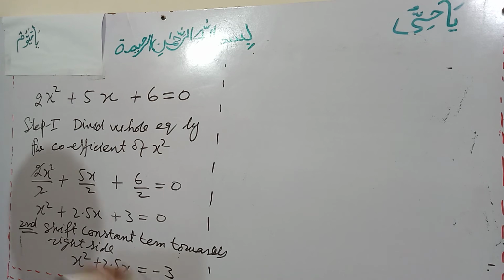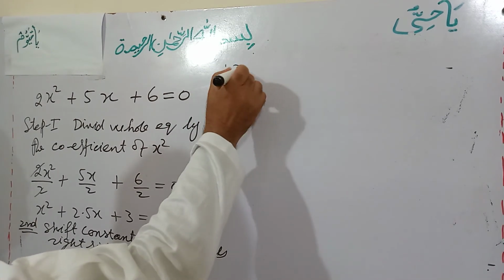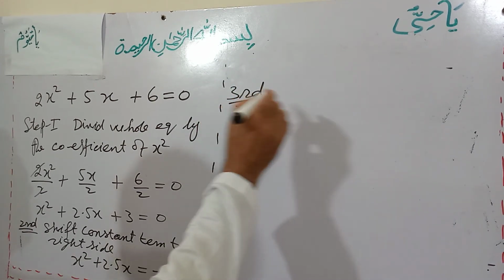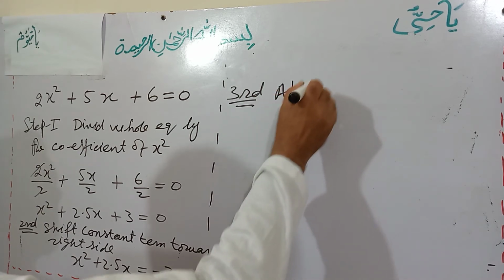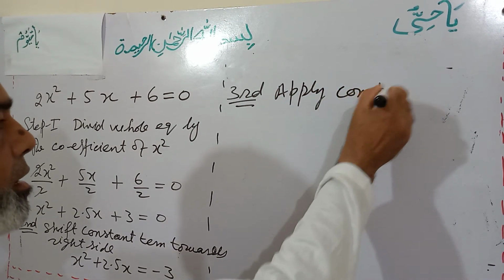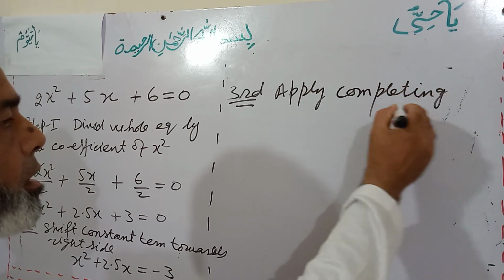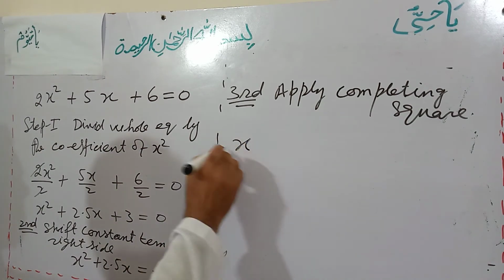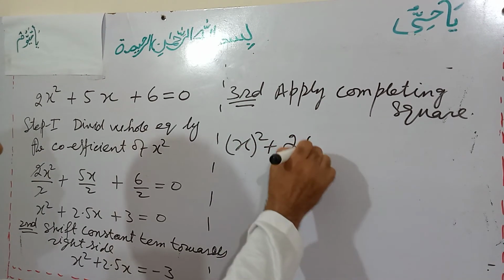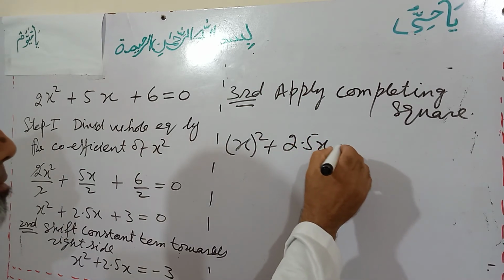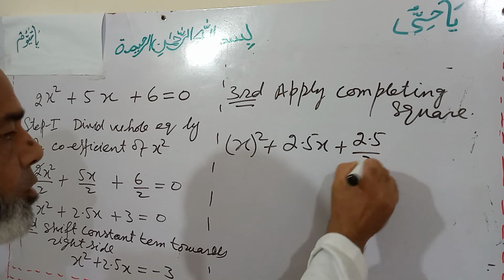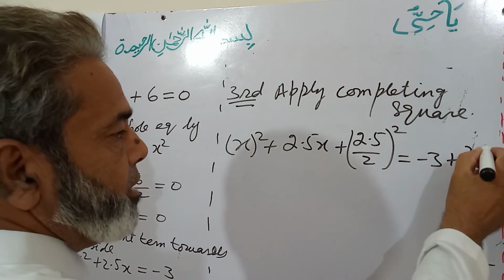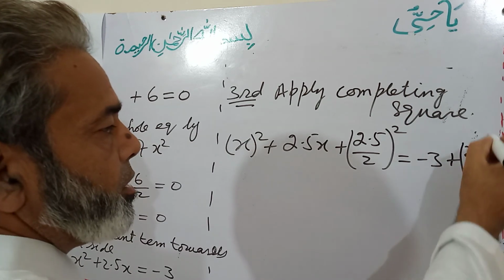Now apply the completing square method here. This is the third step. Third step, apply completing square. x² + 2.5x + (2.5/2)² = -3 + (2.5/2)².